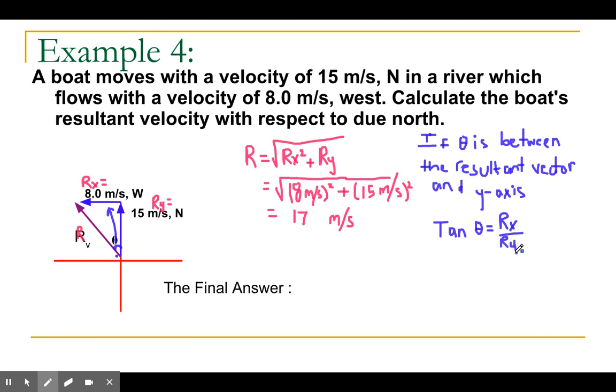So our expression is different. Our expression changes depending on which axes theta is measured against. Again, we don't have theta, so in order to find it, we'll have to take the inverse tangent. So theta will be equal to the inverse tangent of the expression r sub x divided by r sub y.